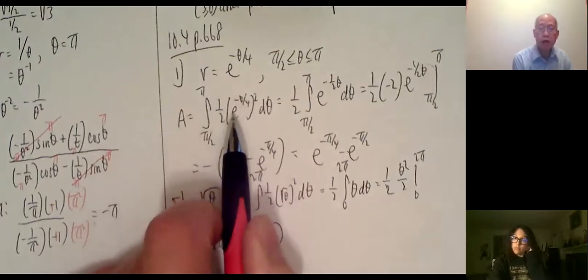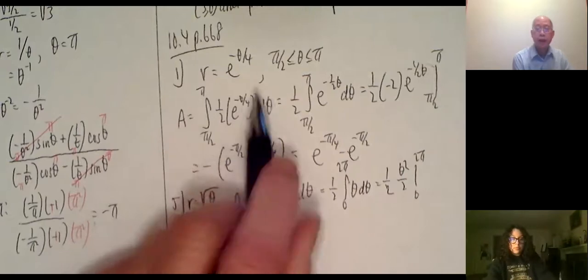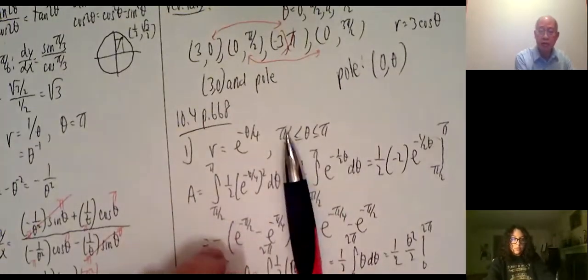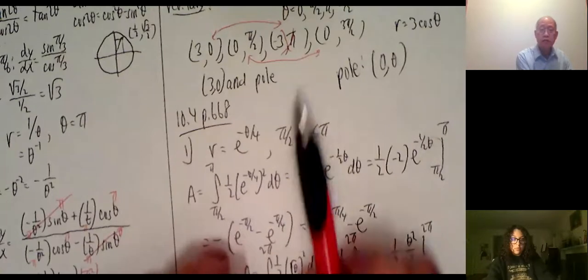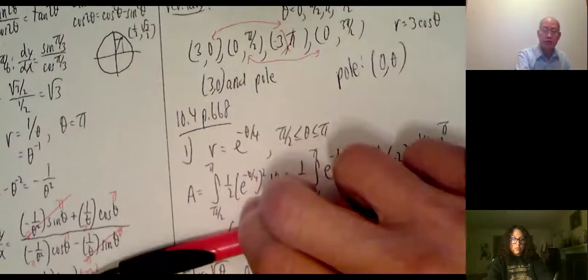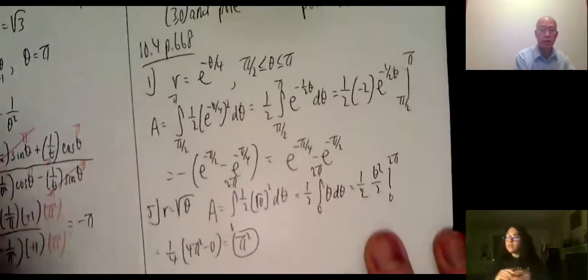Formula is 1/2 r squared d theta. These are two angles. So whatever this graph looks like, you're going from 90 degrees to 180 degrees. So it has some graph you're sweeping out like this from 90 to 180 degrees, and you're getting some area. So what is the area that we're coming up with?